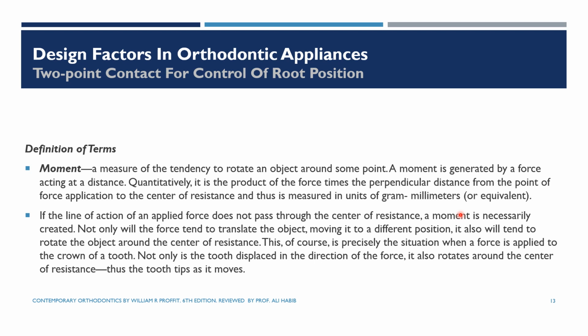When we apply the force, we always expect to have a moment of the force, which we call MF, that usually tends to tip the teeth. So let's consider this MF as our enemy that we try to resist in order to avoid tipping, and apply a counteracting moment in one way or another to resist tipping and allow only net movement of the tooth bodily.